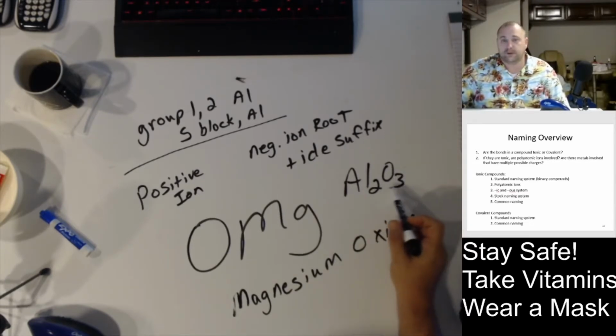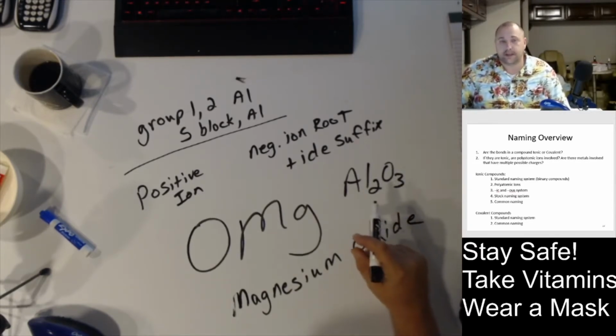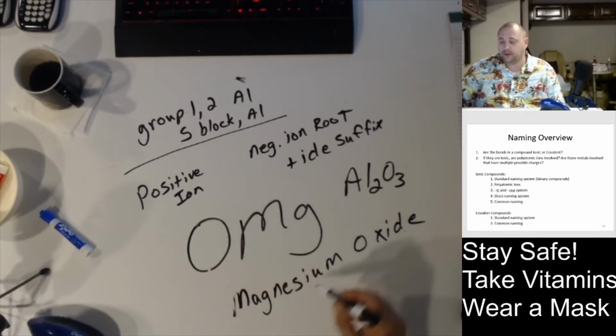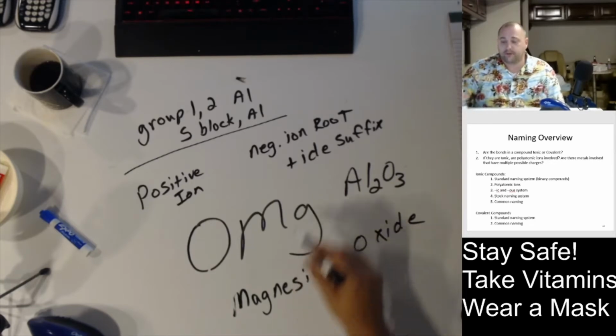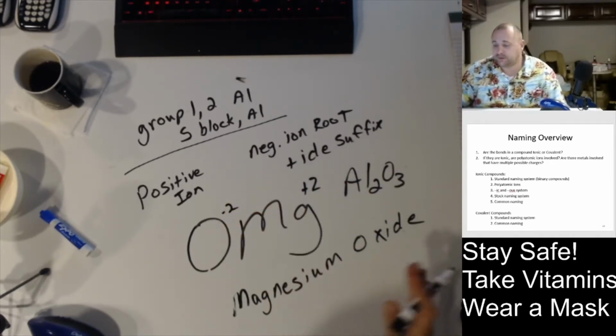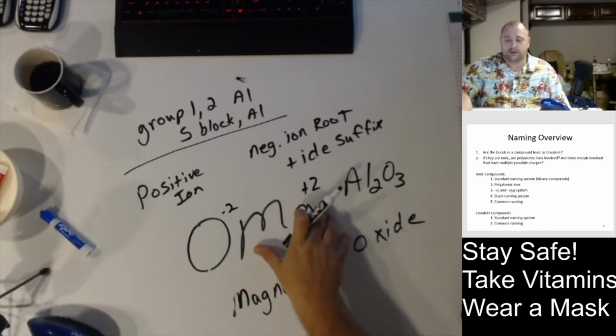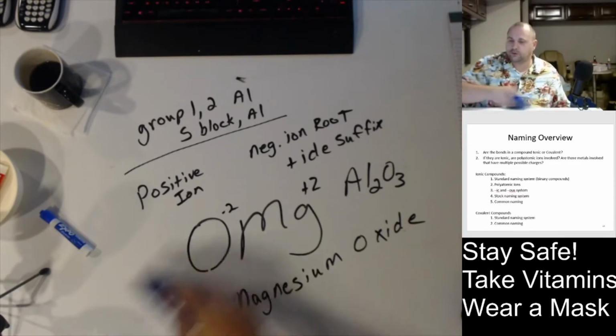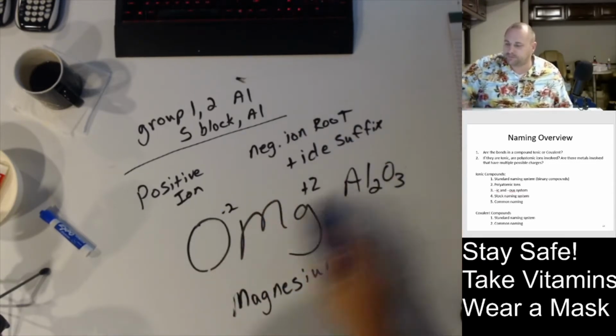Notice I don't do anything with these subscripts. They're not involved in the name at all. So it doesn't matter which order they're in, what matters is what charge they will have. In this case, this is a magnesium with a +2 and an oxygen with a -2. I just care that here's my positive. It has to come first. So that's our group 1, group 2, and aluminum.